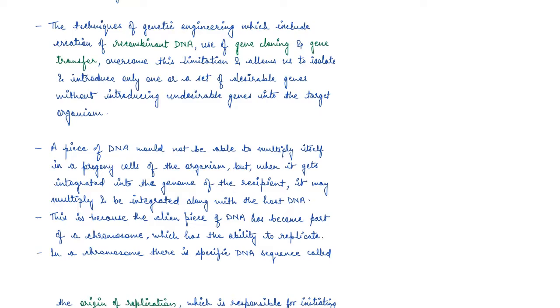So basically, in a chromosome, there is a specific DNA sequence. This specific DNA sequence is known as the origin of replication.